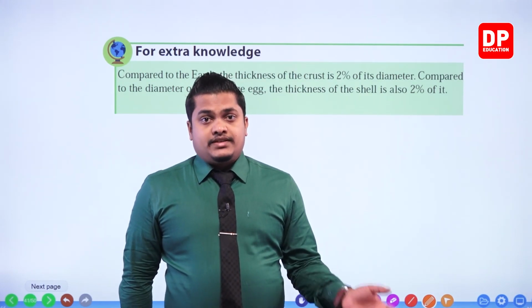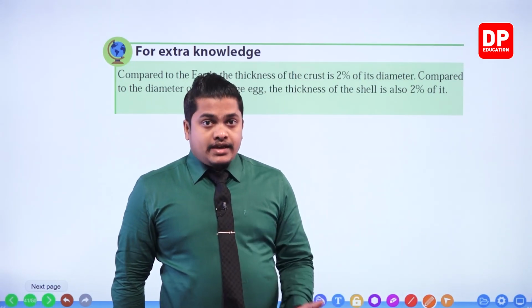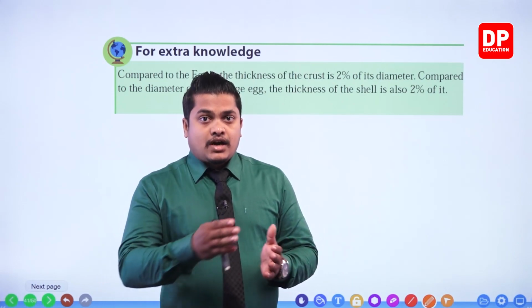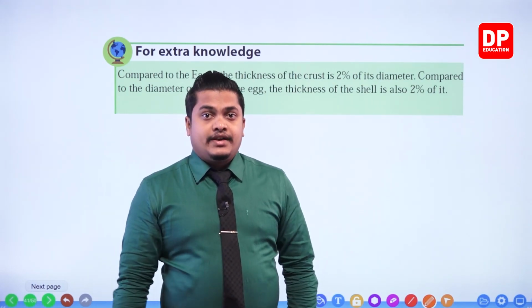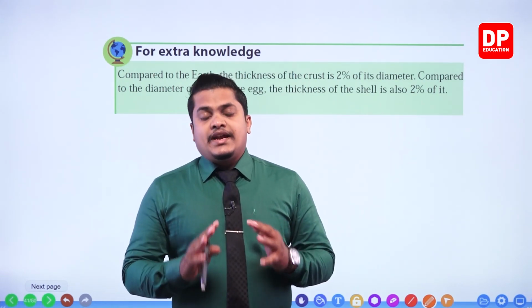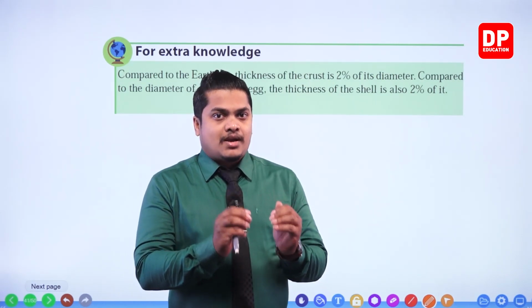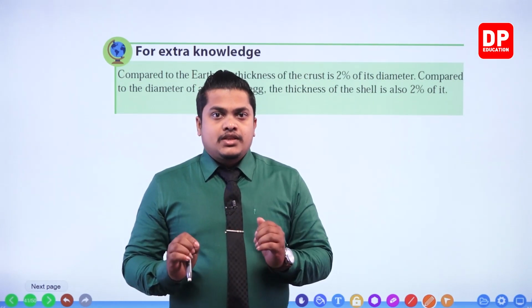So can you remember, during the previous grades, in grade 7, my dear children, we even took a boiled egg and cut it into pieces to identify the layers of the planet Earth. Okay then. So with that, my dear children, we have finished a certain chapter related to earthquakes.